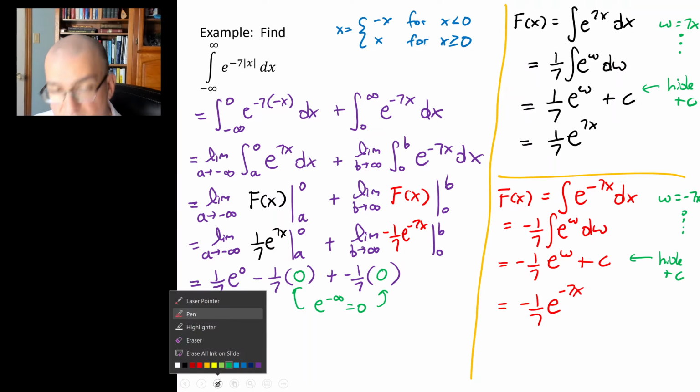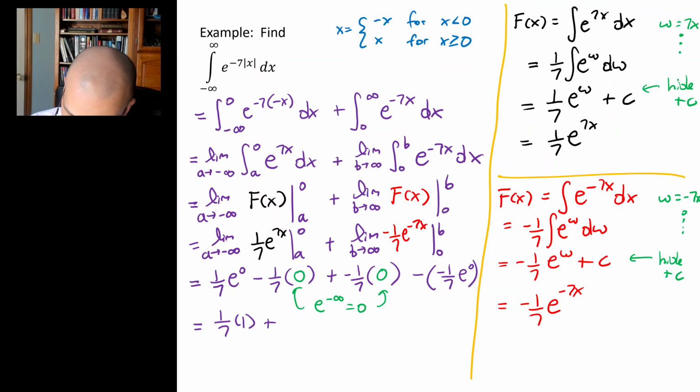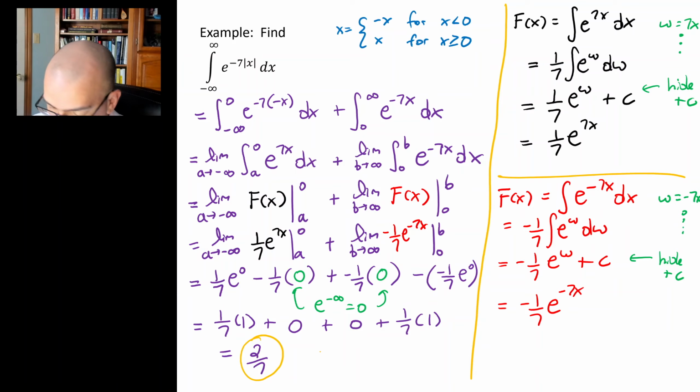For the same reason, they're both e to the negative infinity, which is 0. And we get minus 1 over 7 e to the 0. And we can simplify: 1 over 7 times 1 plus 0 plus 0 plus 1 over 7 times 1. And we get 2 over 7 as the answer. So this one also converges.